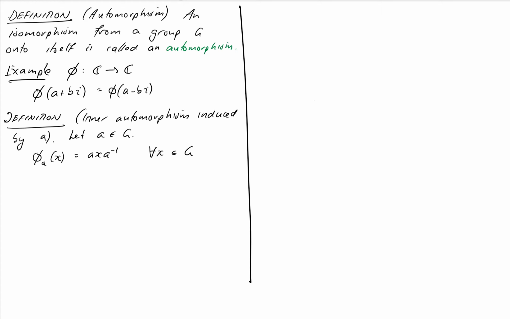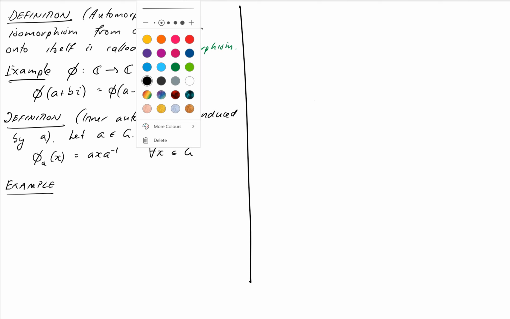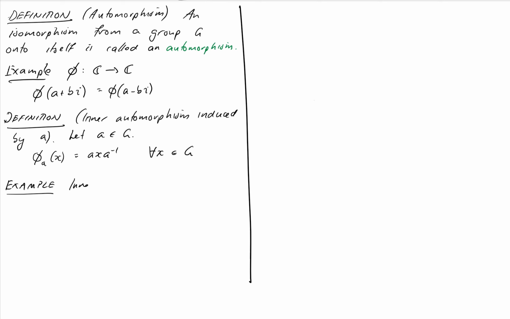So let's look at an inner automorphism of a group that we know. I'm going to look at D4. We'll take the inner automorphism of D4 induced by R90, just to see how this formula actually applies.